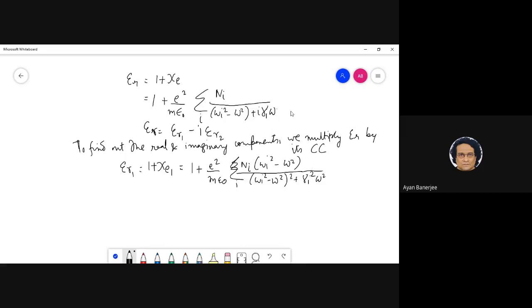You just multiply, this is minus i omega. So when it goes to the top, this part will come here and then the gamma omega will be the complex one, right?